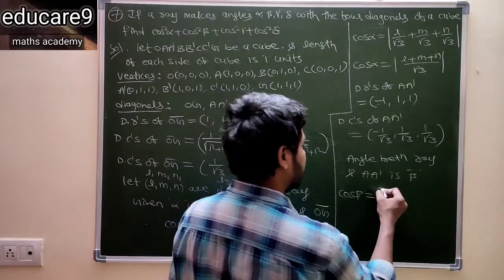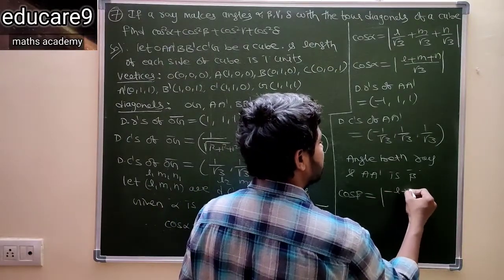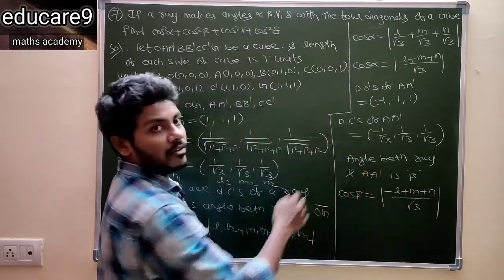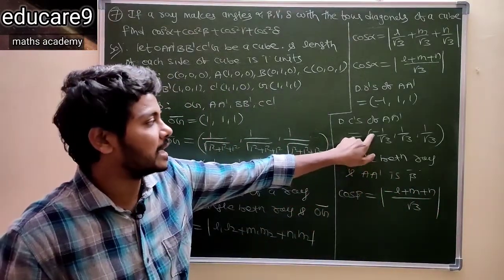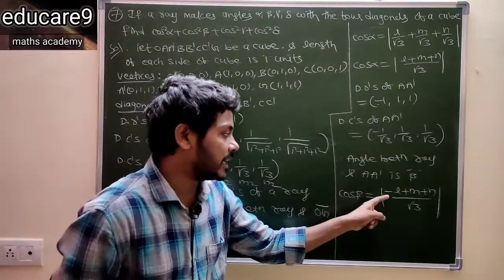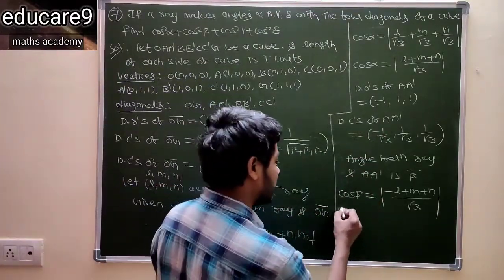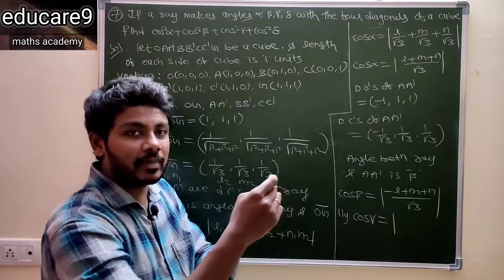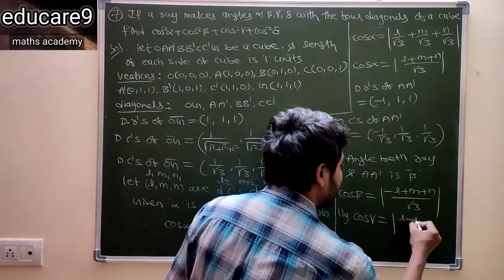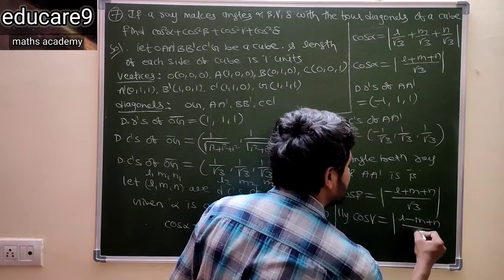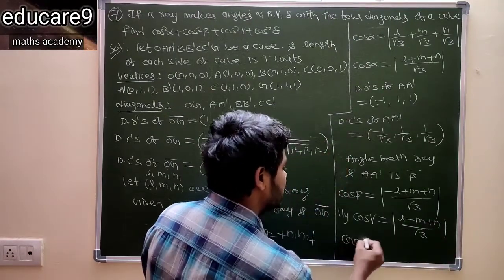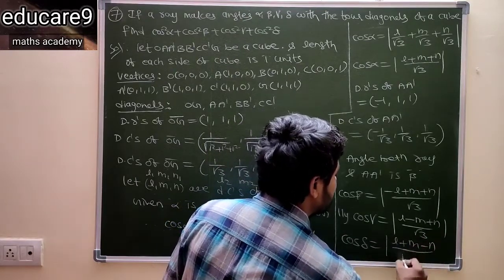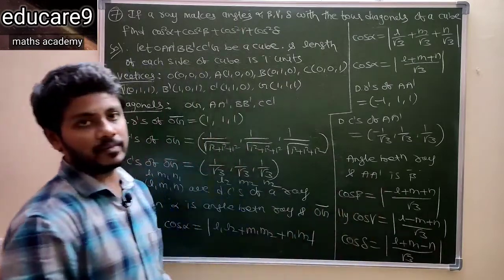So clearly we get minus l plus m plus n by root 3, because the first coordinate has minus l. Similarly, cos gamma is l minus m plus n by root 3. Next, cos delta, the last one, is l plus m minus n by root 3.